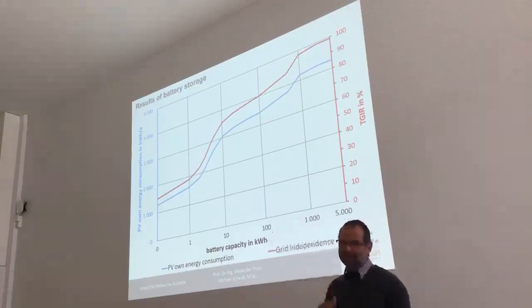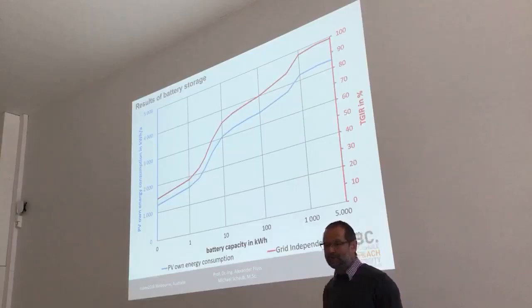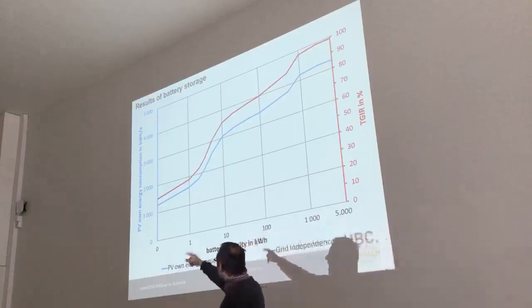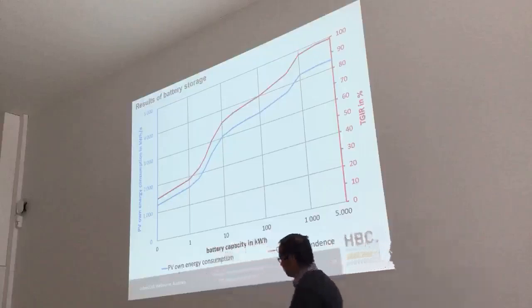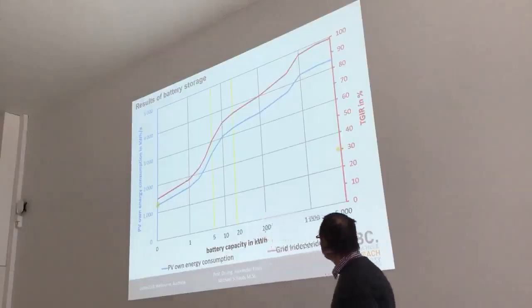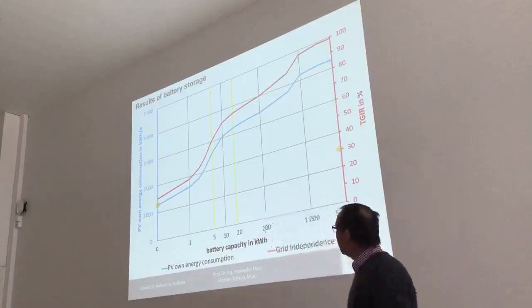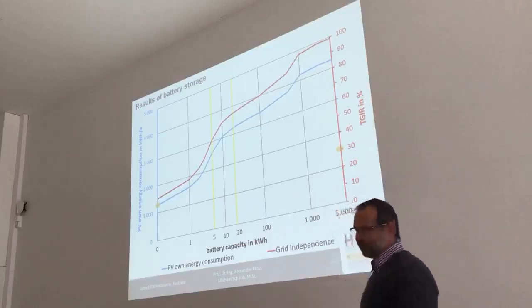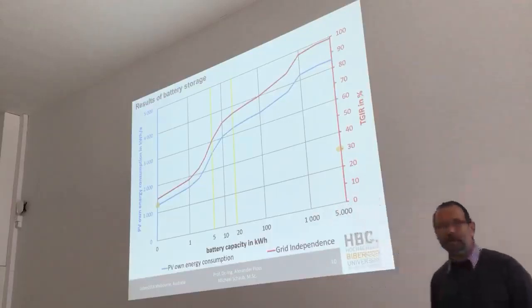It shows the PV own energy consumption and the grid independent ratio over the battery capacity. Without any battery, we have about 1,300 kilowatt hours of PV own energy consumption, and that is a grid independent ratio of about 30%.